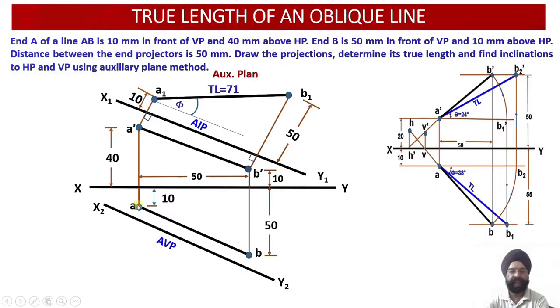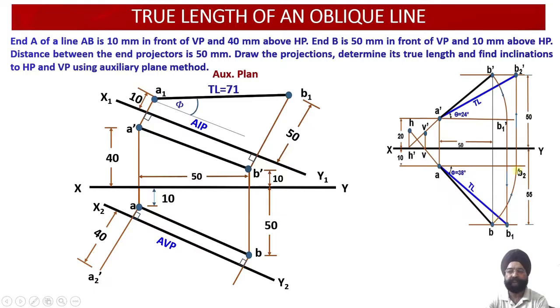Now once again, I need to draw the projection lines through A and B points, which will be perpendicular to my auxiliary vertical plane. And let us see how we are going to draw it. You see, two projector lines I have drawn, and these projector lines will be perpendicular to the plane of the projection. Now let us see what happened in the rotation of the line method. In the rotation of the line, this was the plan projection line.